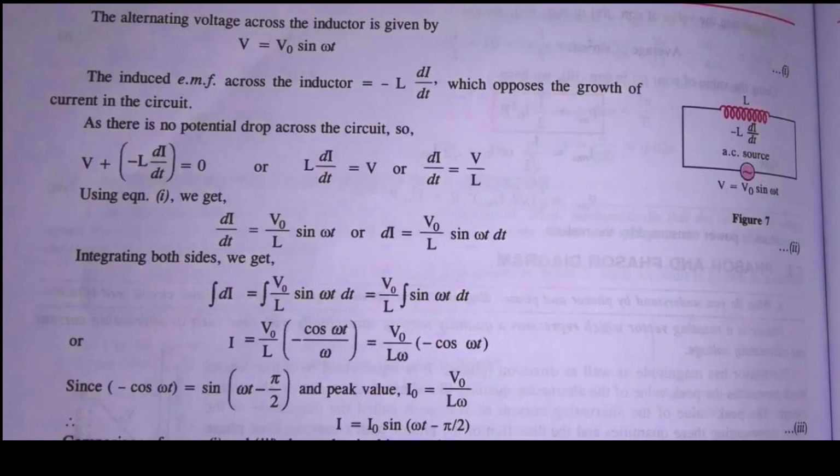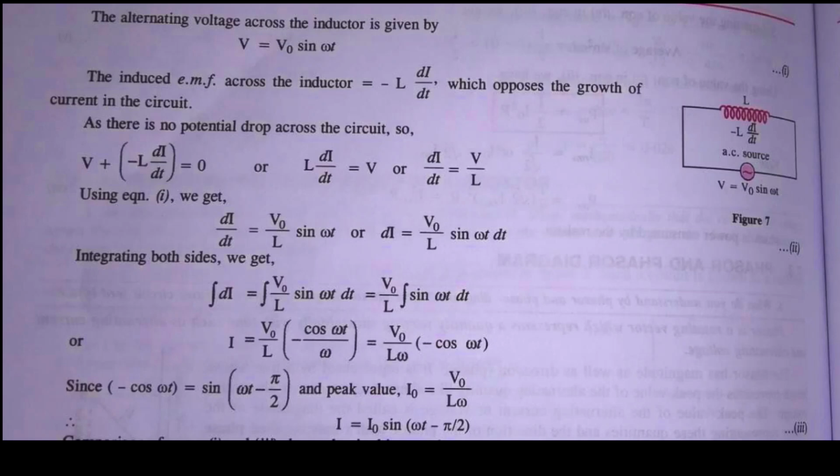Then we know the value of V, so just replace it with V naught sine omega t. After doing the mathematical calculations, we have I is equal to V naught by L omega multiplied by minus cos omega t.